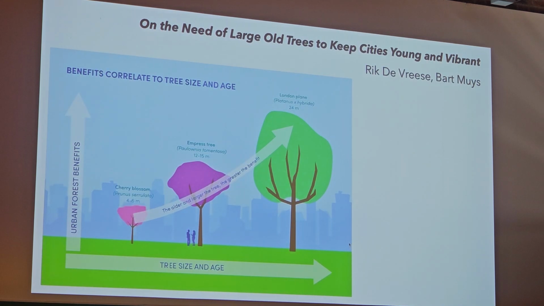Two other scientists: one here, Bart Muys, a professor here, some of you will take his classes. He's a forester, he works in the Department of Earth and Environmental Science. Rik De Vreese is another Belgian who works at the European level on a series of projects. Their whole essay was arguing that we can't just think about quantities of trees, we have to think about the quality of the trees.